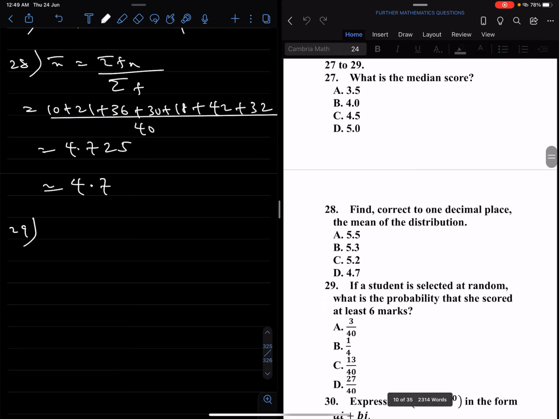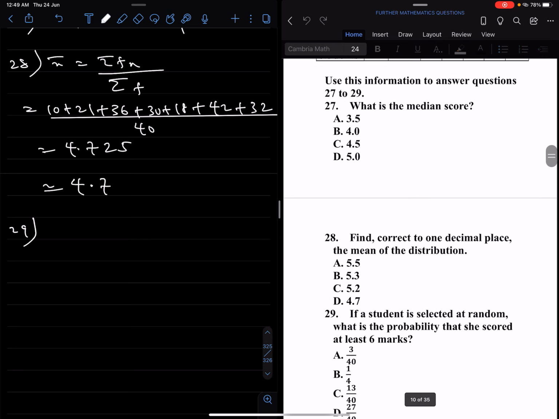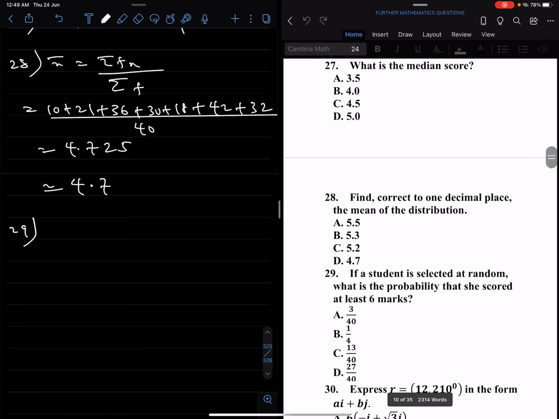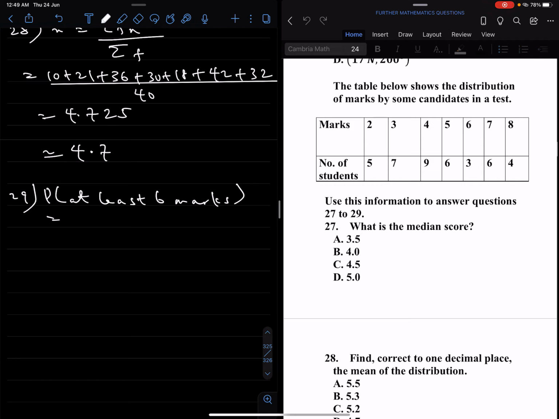The probability that a student selected at random scored at least 6 marks is going to be the probability that the student scored 6 or more. So the probability that the student scored at least 6 marks is going to be the same as the probability that she scored 6 or more.